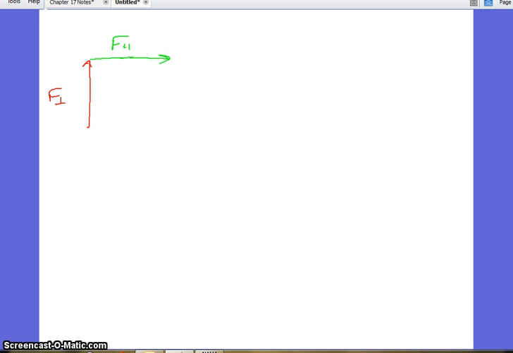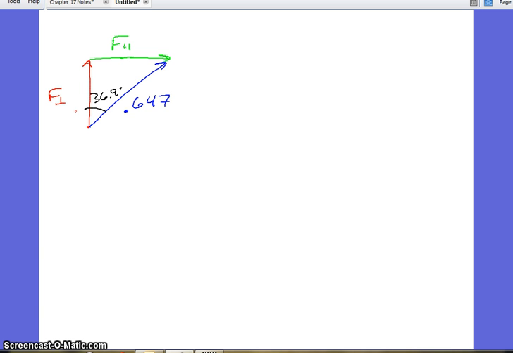And my hypotenuse was this 0.647 newtons. And my angle was 36.9 degrees. So the way that I'm going to find those two components is I'm going to use my sine and my cosine. So first, let's find this perpendicular component.